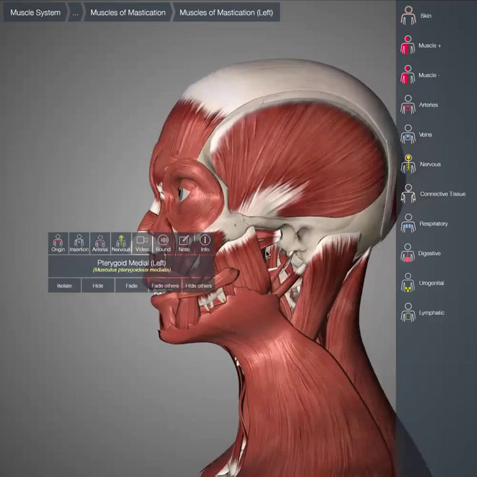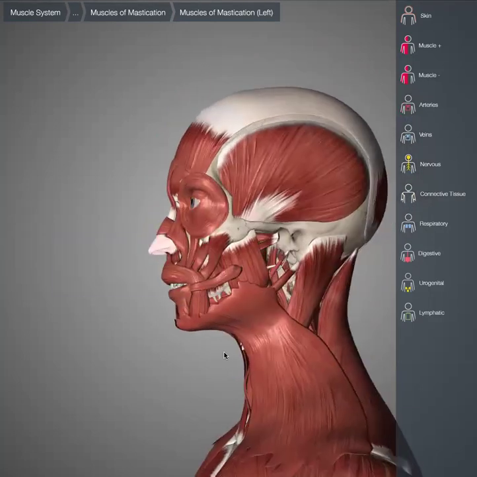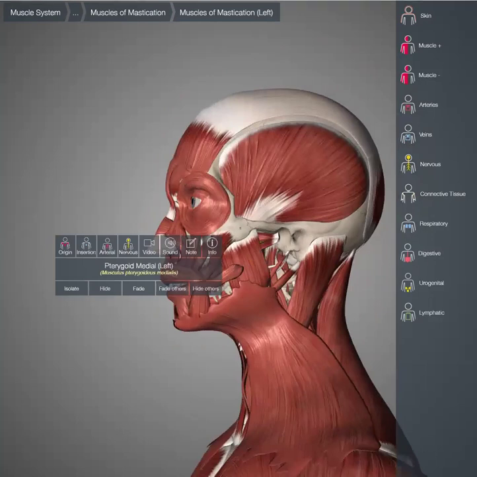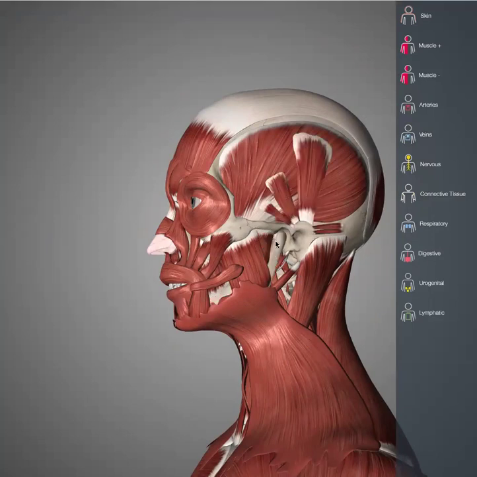Now we want to write notes about what they are doing. Most important, some general information about the muscles of mastication: they are associated with the movements of the temporomandibular joint. This is general for all of them. The common thing is that they are used for the movement of the jaw, specifically the temporomandibular joint.